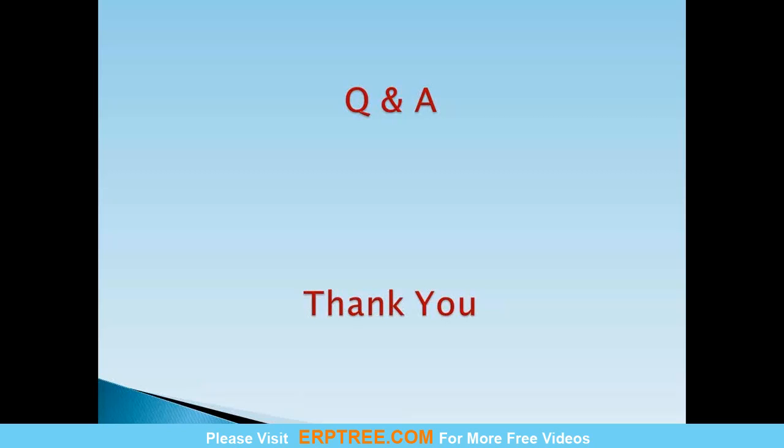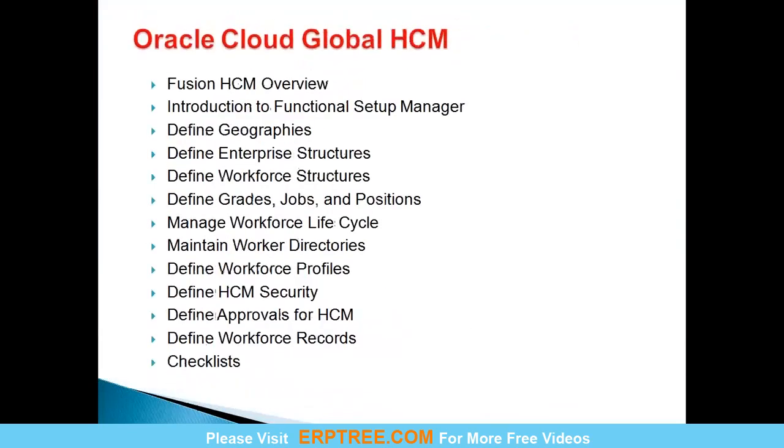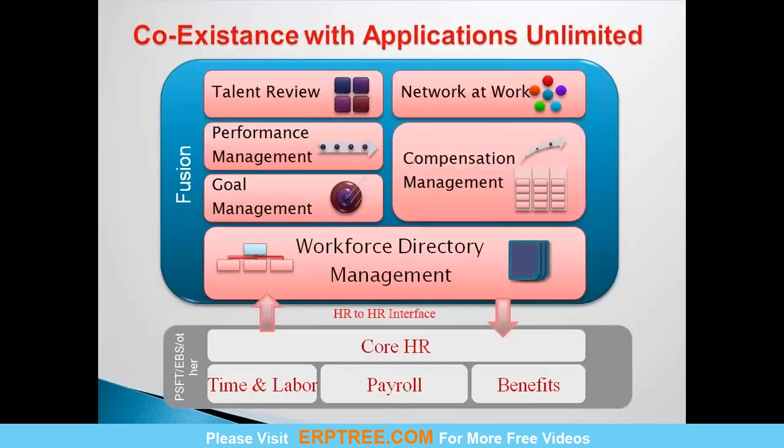In a coexistence scenario, there will be HR to HR integration. Probably I will show you that slide once again. Your core applications may be like R12 or PeopleSoft 9.1 or 9.2, whatever the case may be. Your employees will exist in your core HR application, whereas you are integrating the Fusion Performance Management.